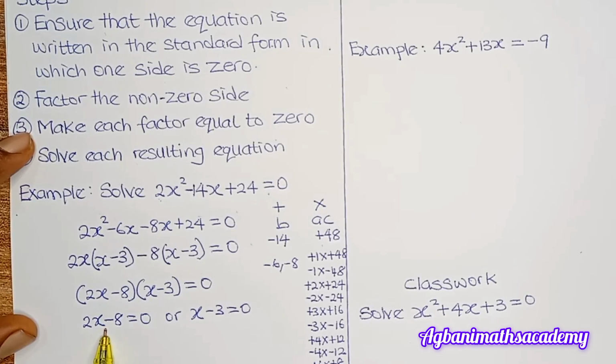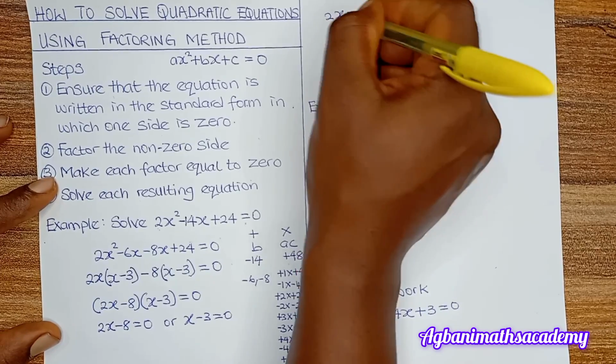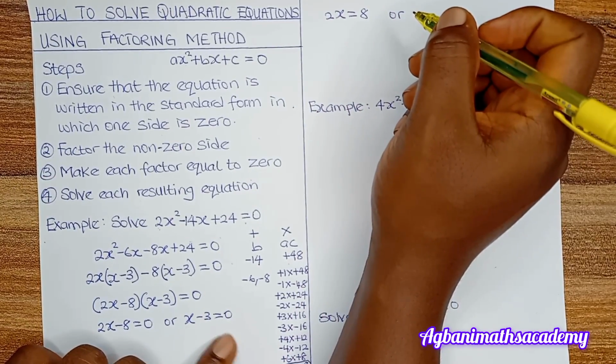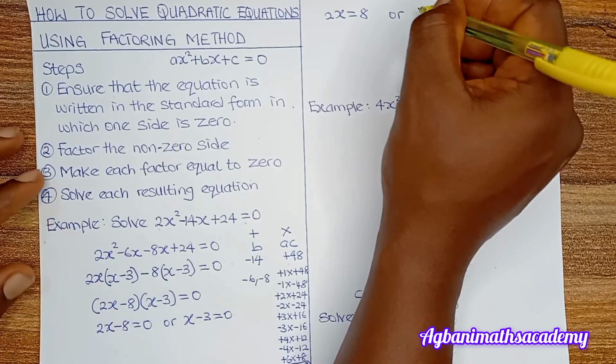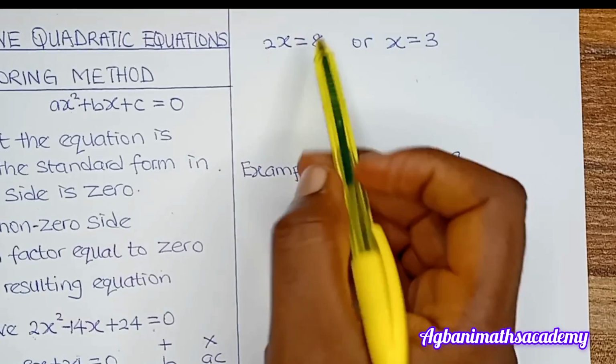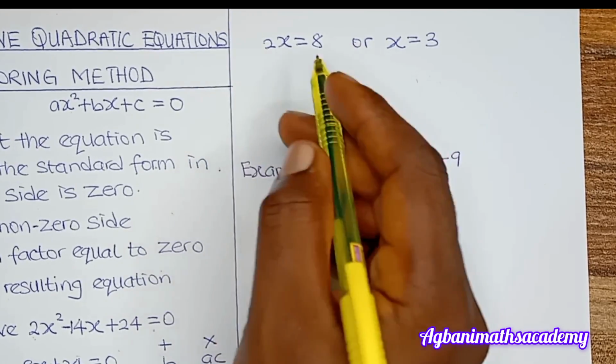So on this side, we can move minus 8 to the right, and that will become plus 8. So this will give us 2x is equal to 8, or if you move minus 3 to the right, it will become plus 3. So we have x is equal to 3. But here we've not gotten the final value of x, so we have to divide both sides by 2.